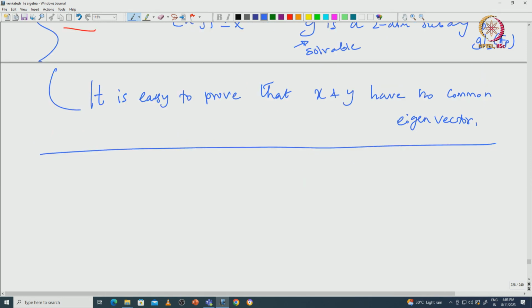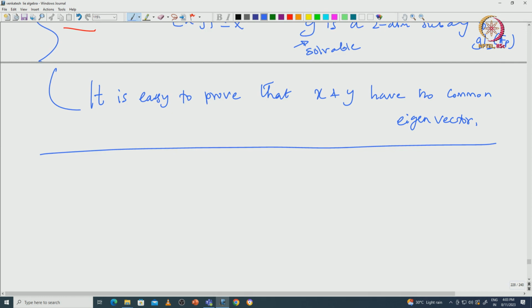Now, using Lie's theorem, we will give one more characterization of nilpotent Lie algebras. You can easily see that, from Engel's theorem, any nilpotent linear Lie algebra can be embedded inside strictly upper triangular matrices.